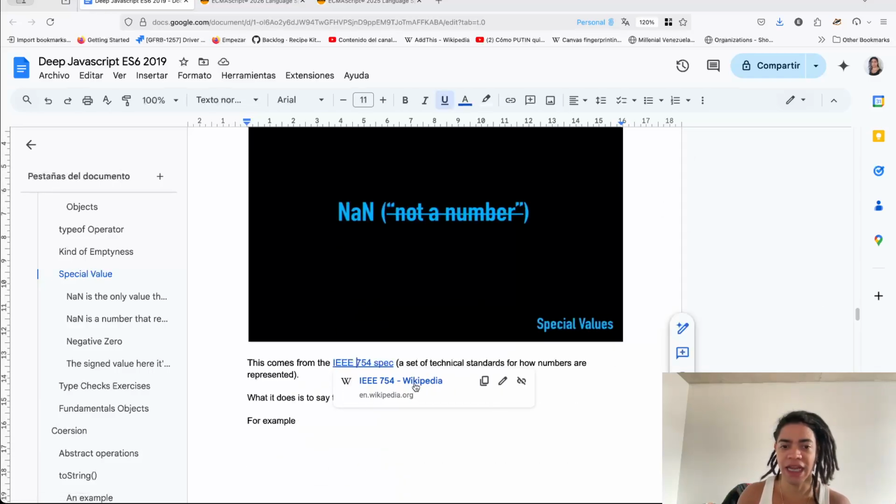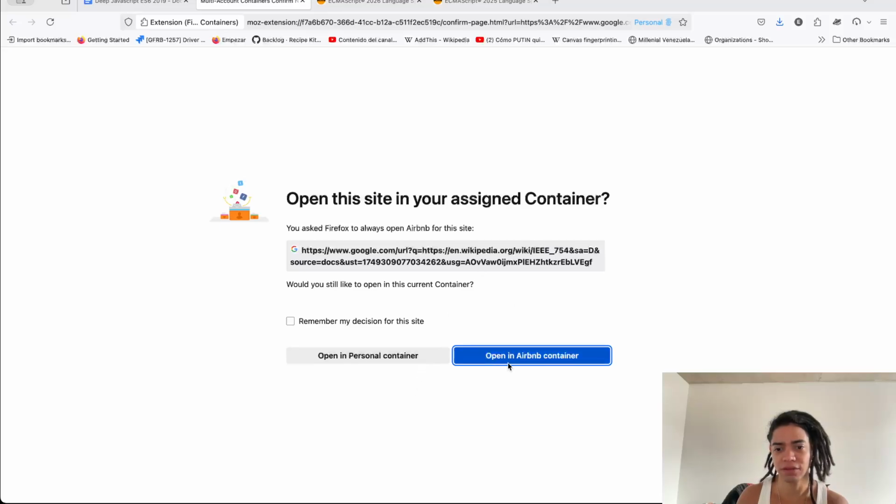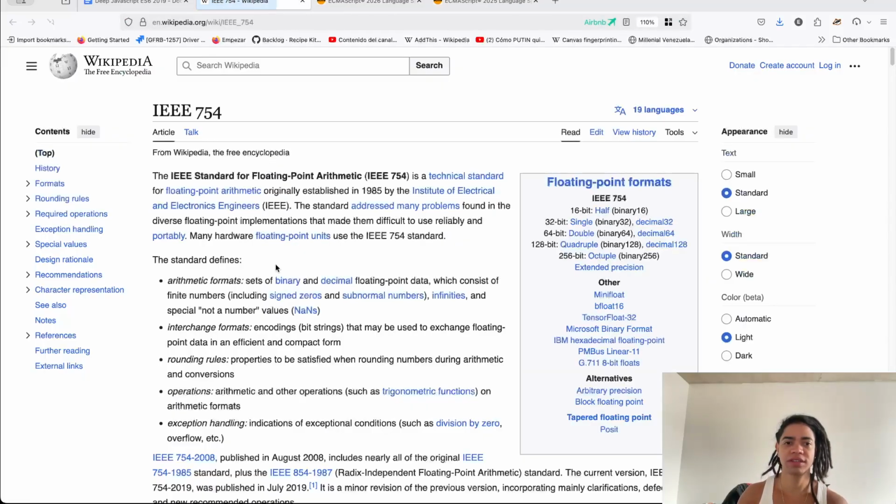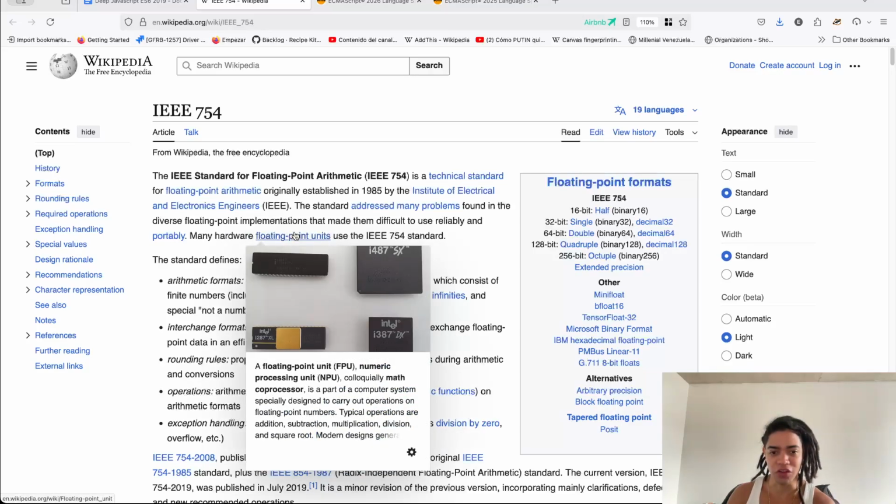It comes from IEEE 754, the Institute of Electrical and Electronics Engineers, where they said we need to find common ground on how to represent numbers, especially for floating point units.